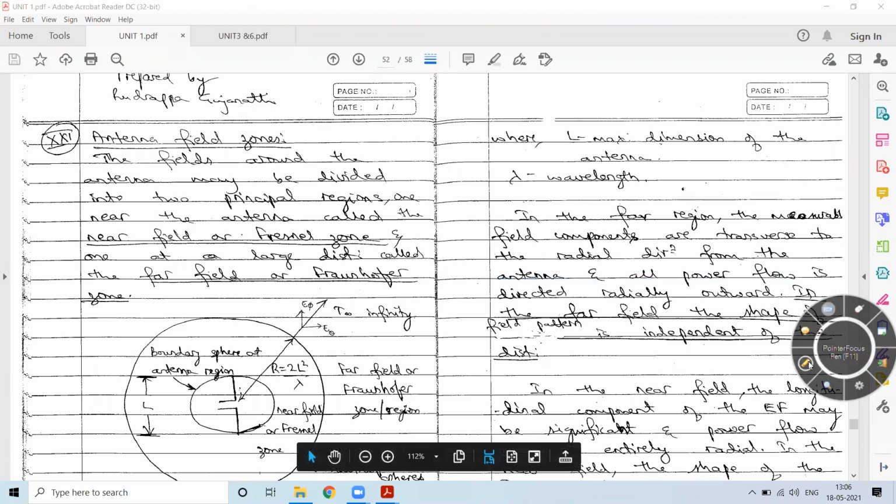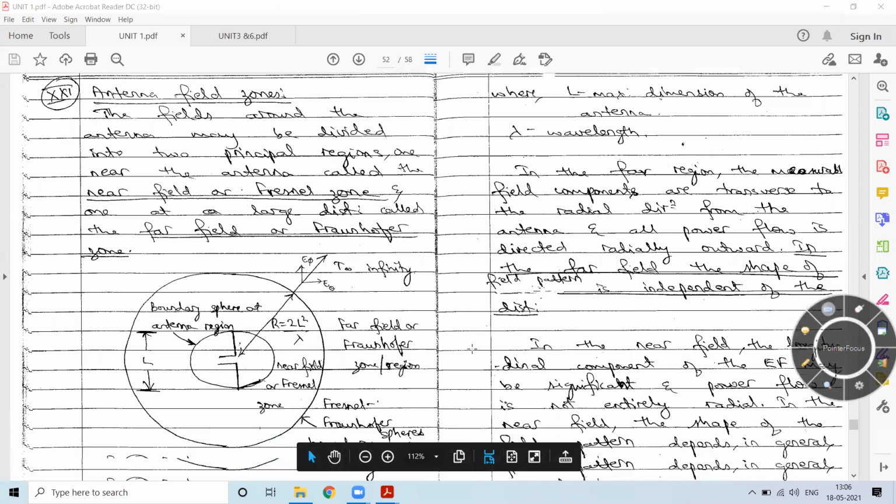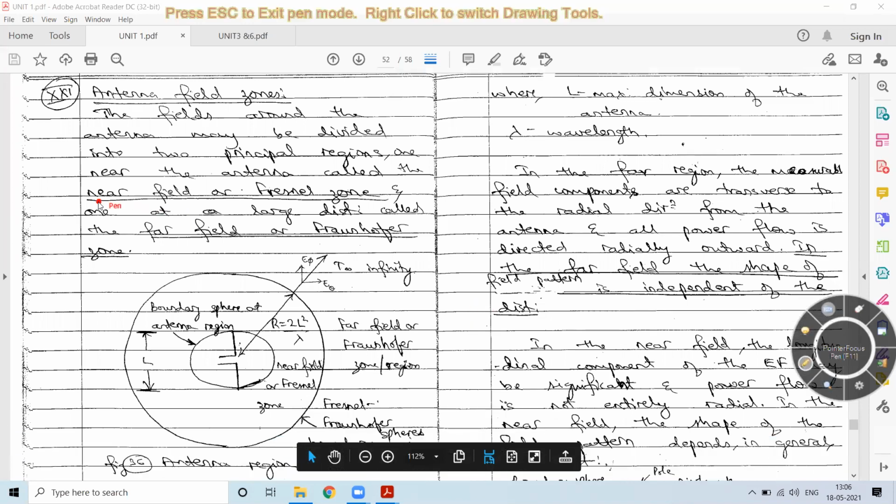Basically, I have two zones defined for an antenna: one is called the near field zone, and the other is termed the far field zone. Sometimes an alternate name used for the near field zone is the Fresnel zone.